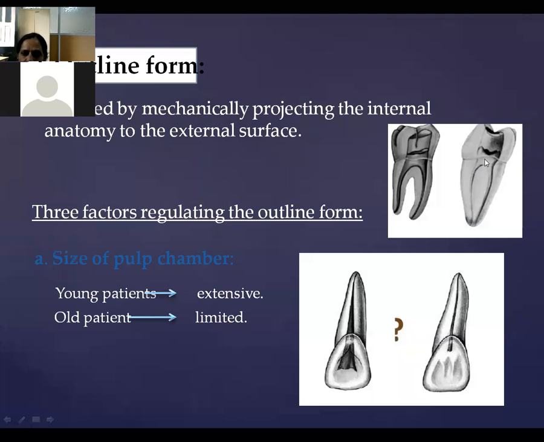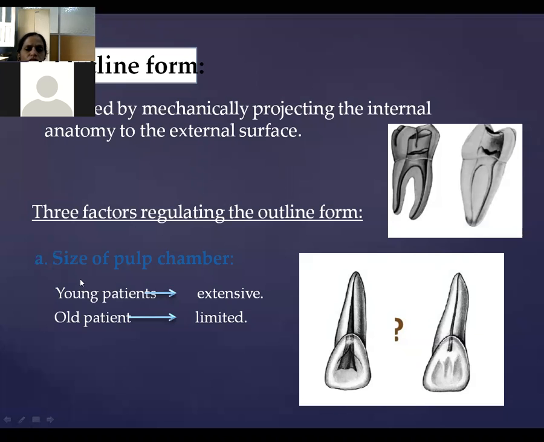Okay, your internal surface, or you can say the pulp chamber, mimics the external surface of your tooth. The pulp chamber mimics the external surface of the tooth. Okay, this is the outline form.